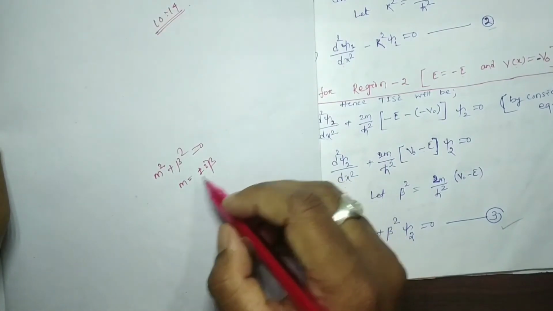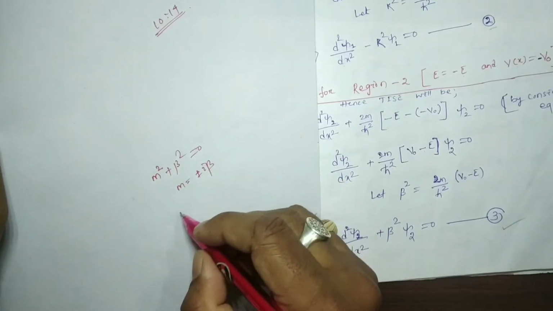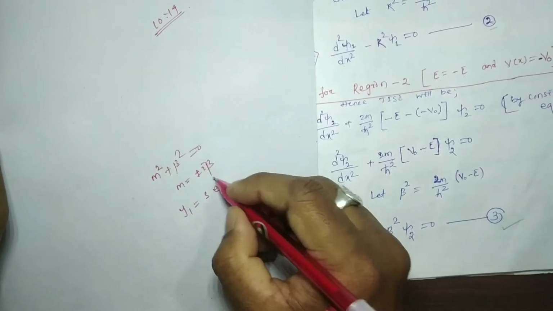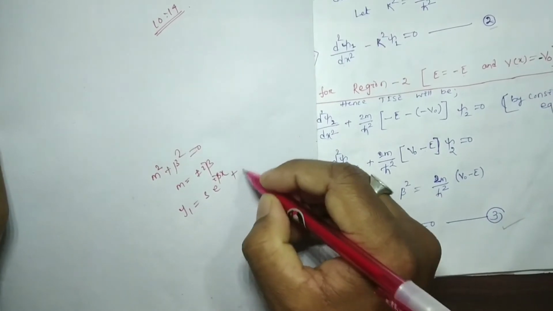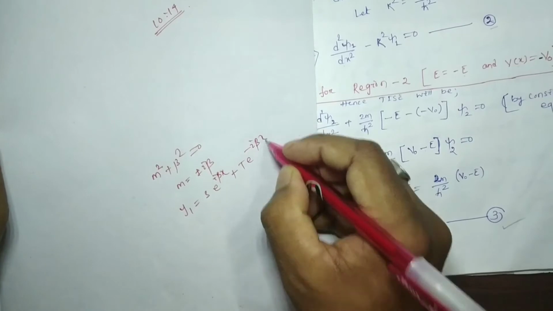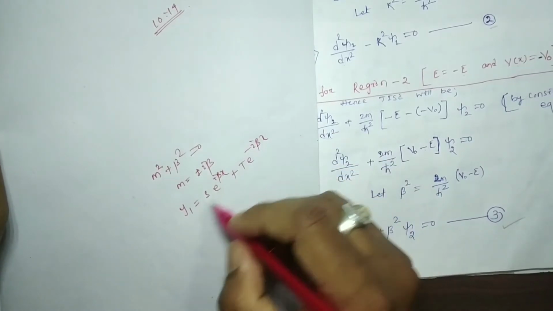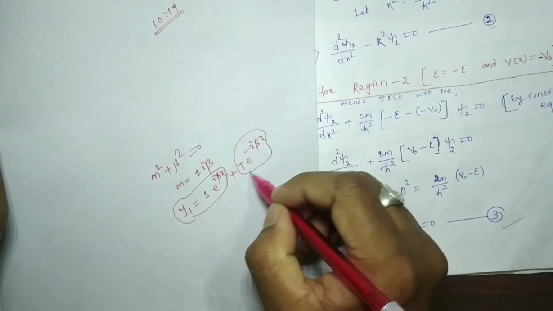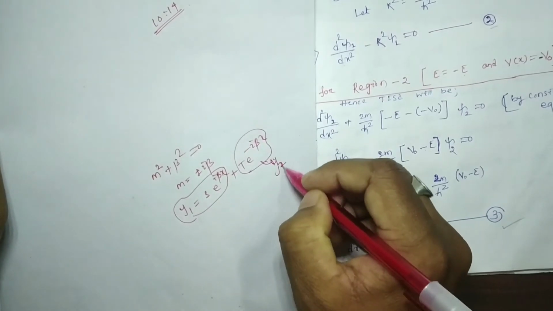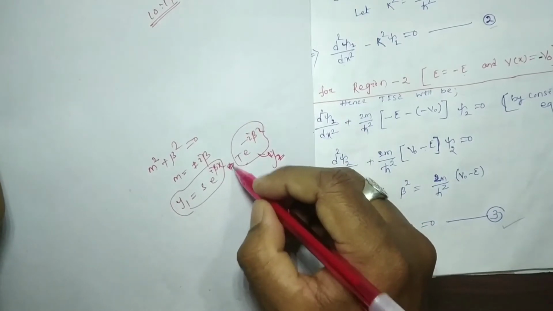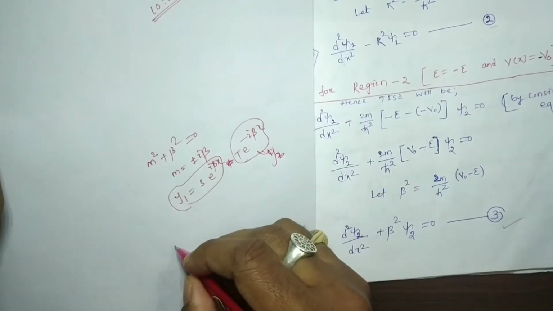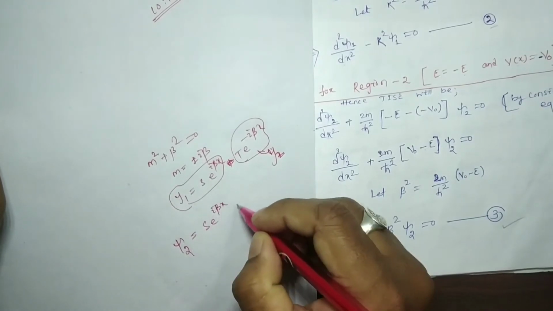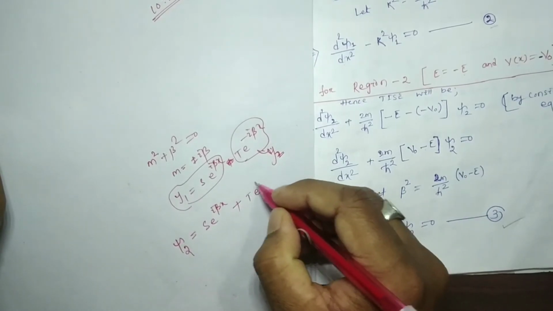As there are two roots, two solutions are acceptable: s e to the power i beta x, and another, t e to the power minus i beta x. The general solution is the addition of these two solutions, so psi 2 is equal to s e to the i beta x plus t e to the minus i beta x.